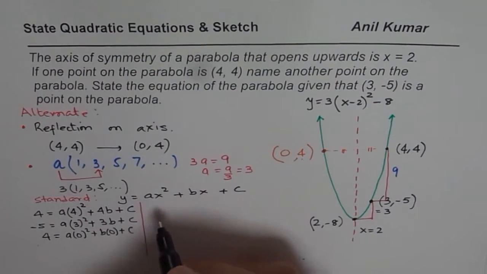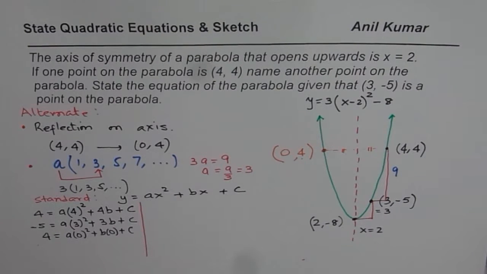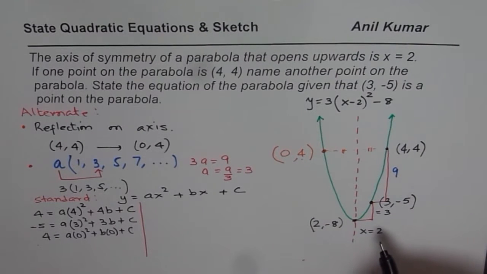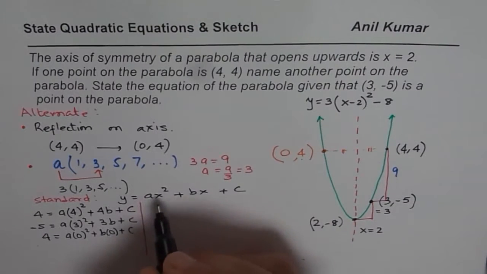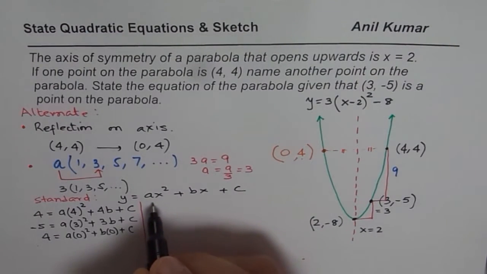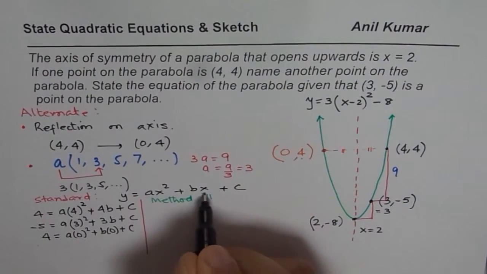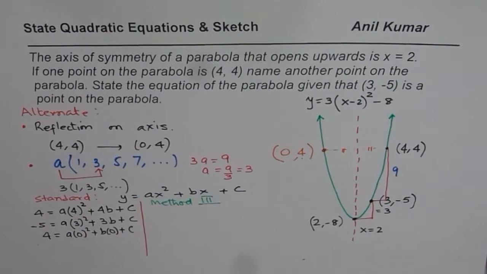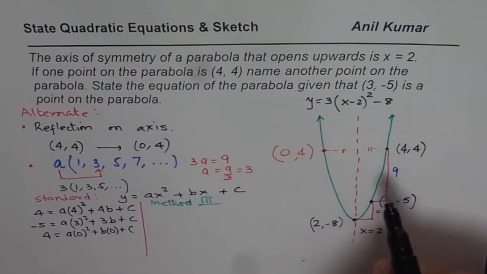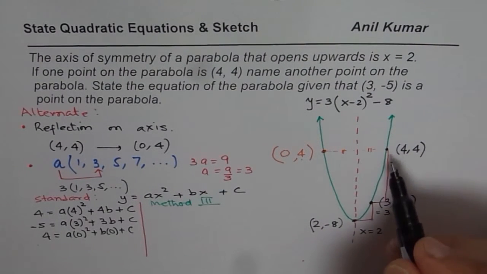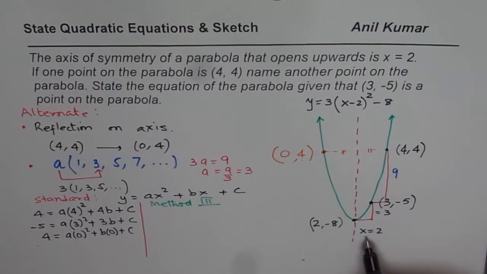But here is another nice way of doing it, right? So I should say method 3 this time, okay? So we'll use the third method to finally get the equation. Okay, let us try to do it. So we know these 2 points, we know the axis, so it's a good idea to use the vertex form, correct?